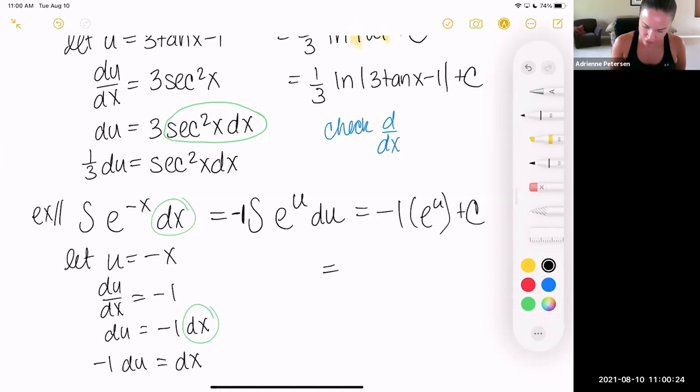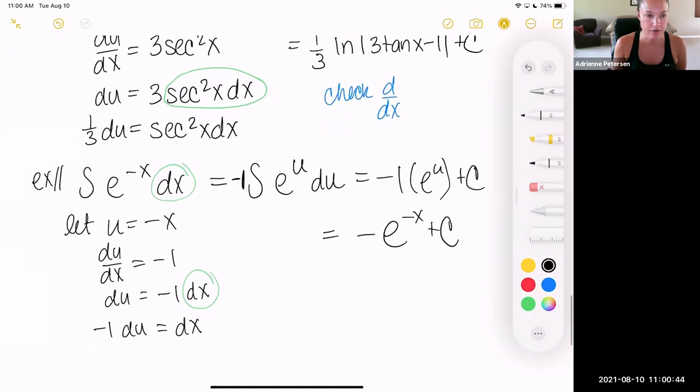Our last step is to put u back in, which was negative x. And that's it. And again, you can check this by taking the derivative and you should get the original integrand.